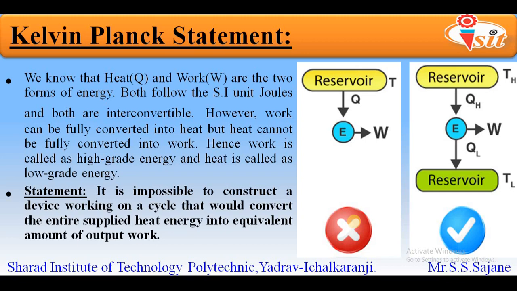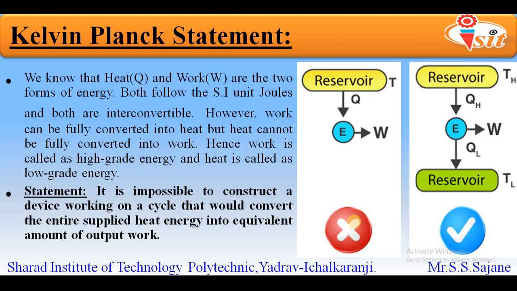So this type of engine is practically possible. From this statement we understand that it is not possible to convert the entire input heat energy into an equivalent amount of output work.